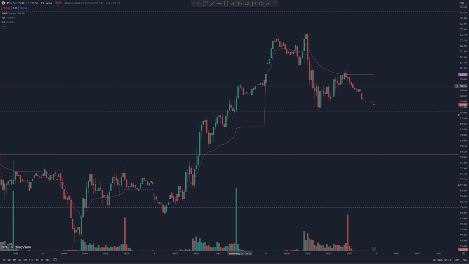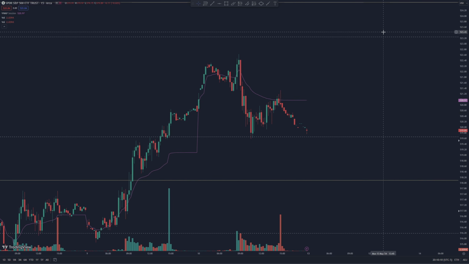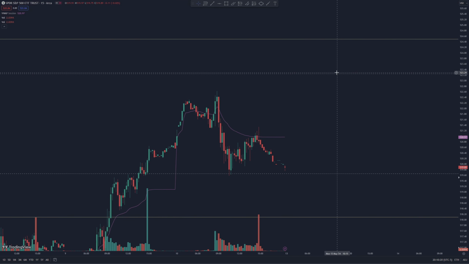Higher highs, higher lows, higher highs, higher lows. Broke, but held. So broke pre-market, held the market. We might be touching this. We might be moving up on Monday morning. Monday morning, we're definitely going to be moving up a little bit.